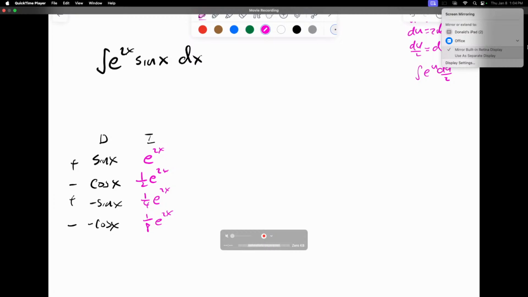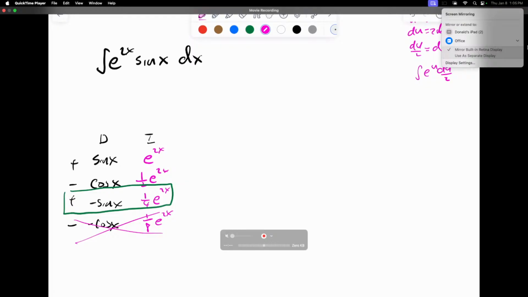Good. This part is the same as the original, so you stop right there. The 1/4 doesn't matter, it's just a constant. As far as the sine of x and e to the 2x, they are exactly the same. So this is no longer needed. Boom, gone. I stop there, because if I don't stop, I'm just going to keep going with no end in sight.